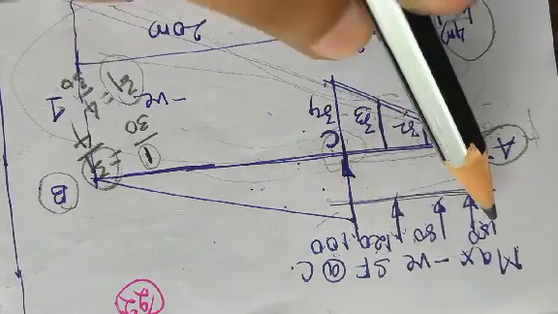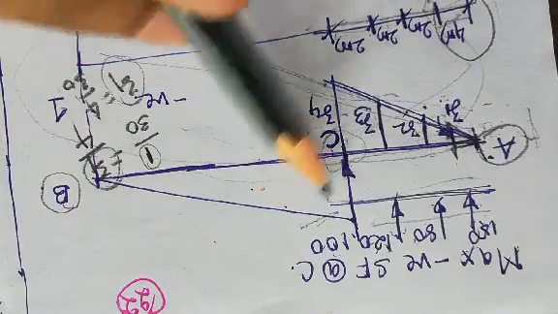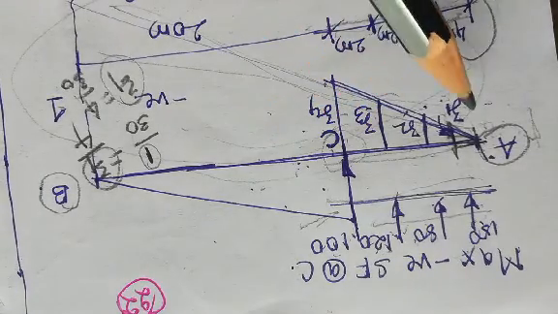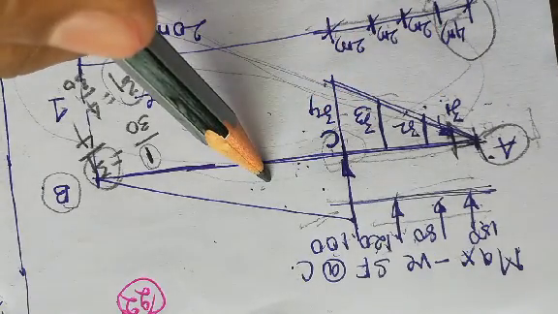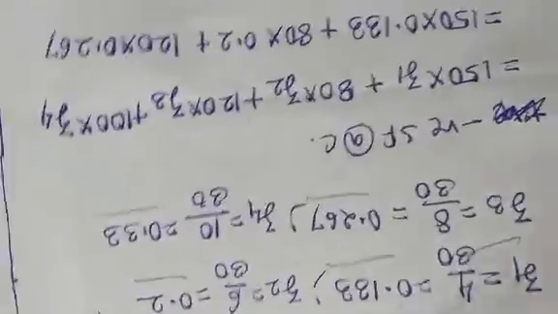In AC section you will have 3 loads and in CB section you will have 1 load. We have to take the average load in AC section and the average load in the CB section. Now how do we do that?